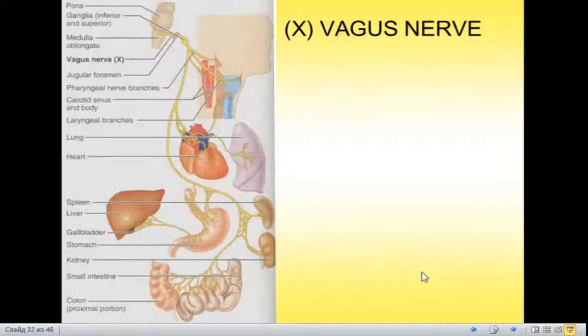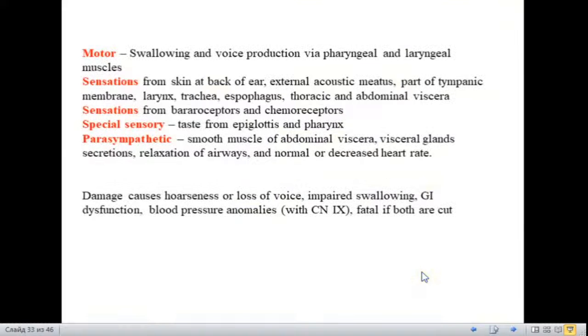Vagus nerve. It is favorite students' nerve because it supplies most of inner organs in our body. It has three components: motor, sensory, and parasympathetic. Motor components supply to muscles of pharynx and larynx, so they respond for swallowing and voice production.